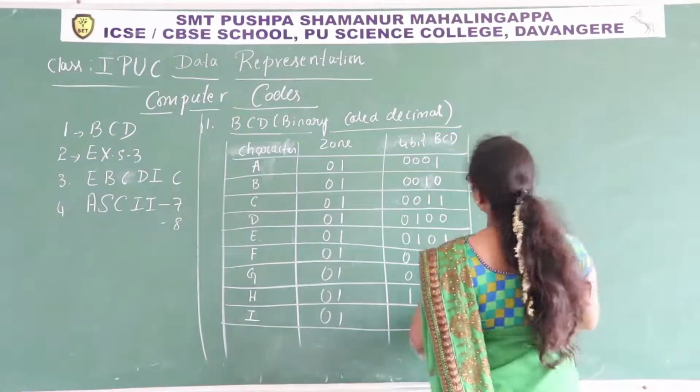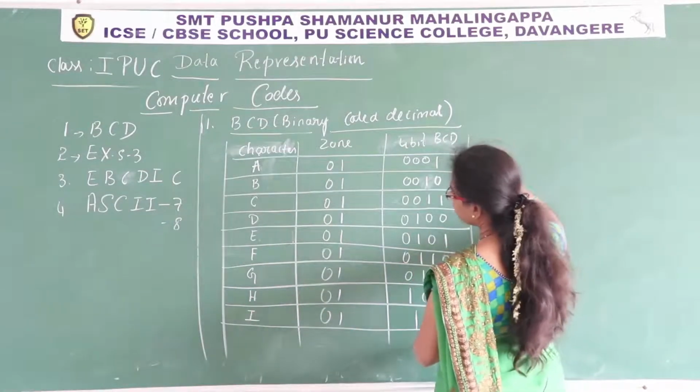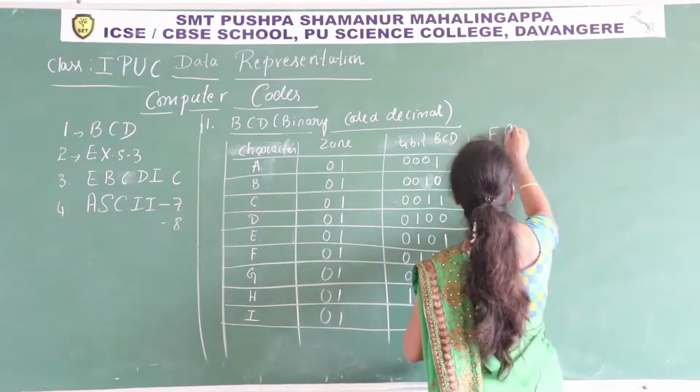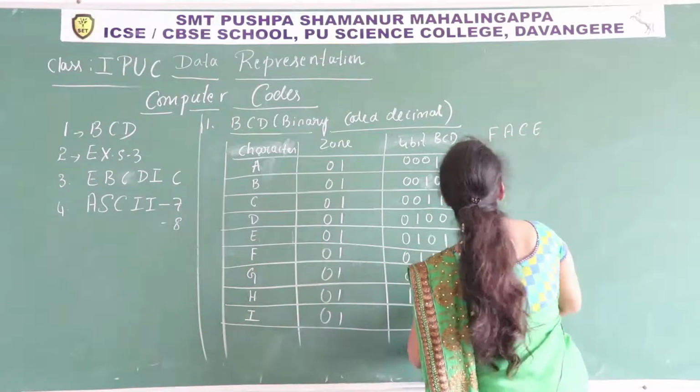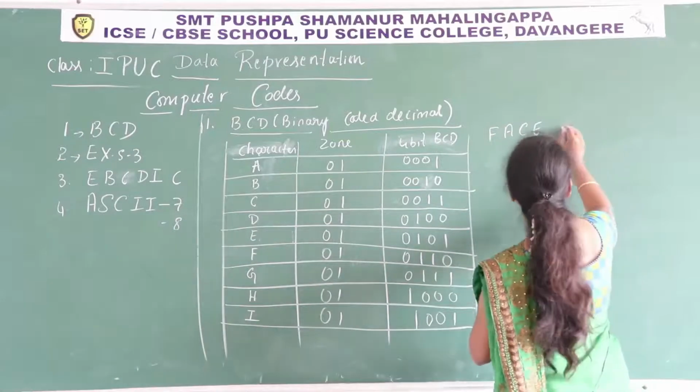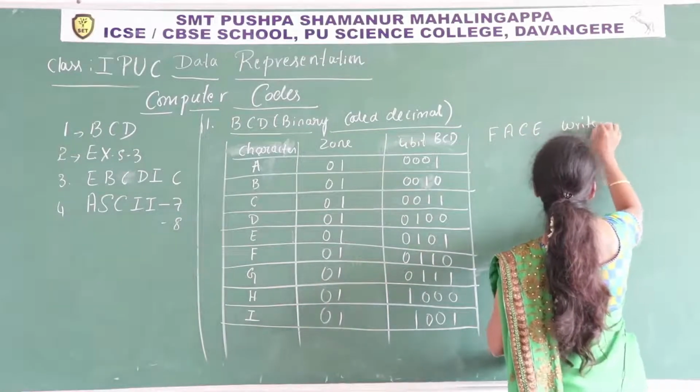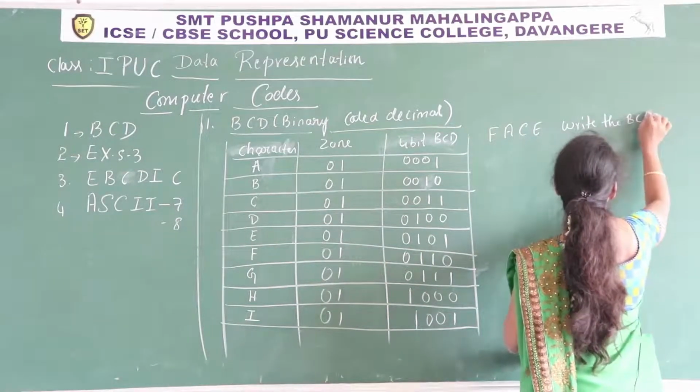For example, face, F-A-C-E. Write the BCD code of this.